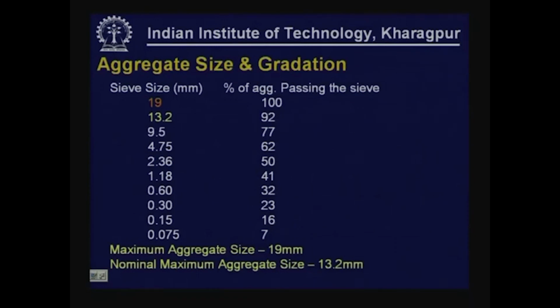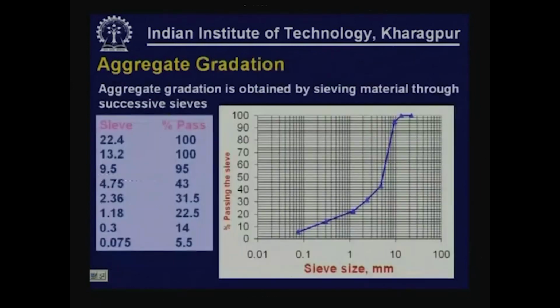Obviously, higher sizes would definitely have 100% passing. If you examine the 13.2 sieve and the corresponding material passing, that is 92%. So, 8% of the material is retained on 13.2 millimeter size. Thus, 13.2 millimeter is the nominal maximum aggregate size, because there is certain material that is retained on this size, but which is not more than 10%. In this case, it is 8%. So, for this gradation, maximum aggregate size is 19 millimeter, nominal maximum aggregate size is 13.2 millimeter.